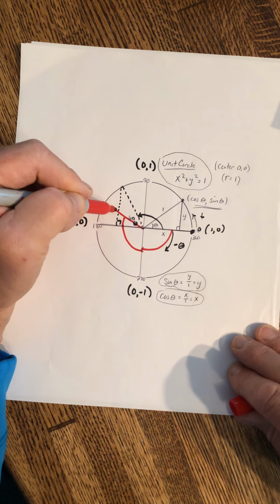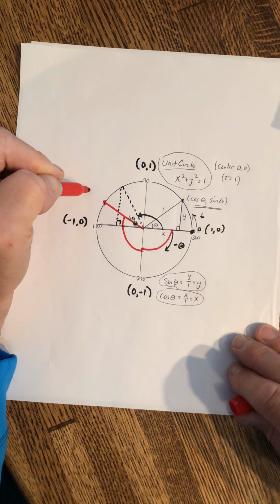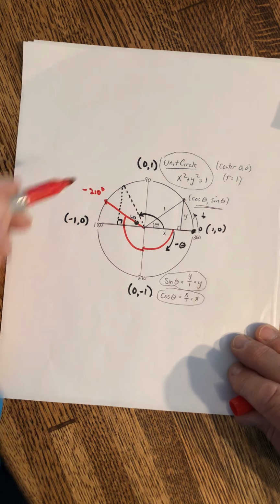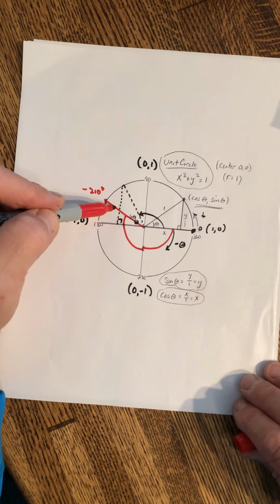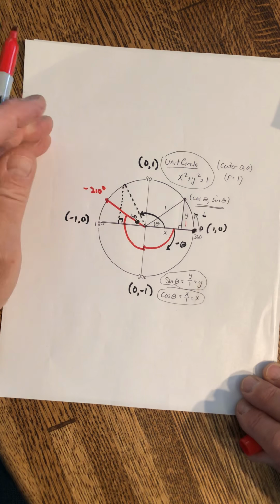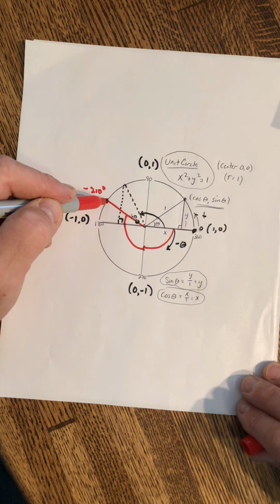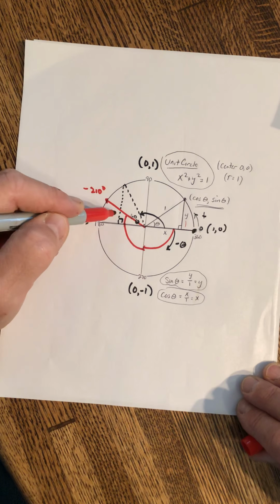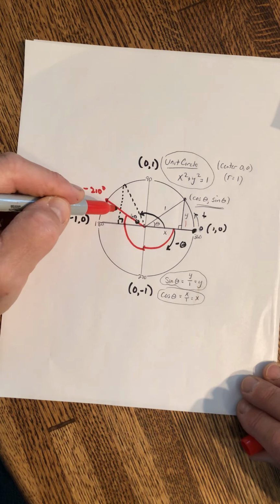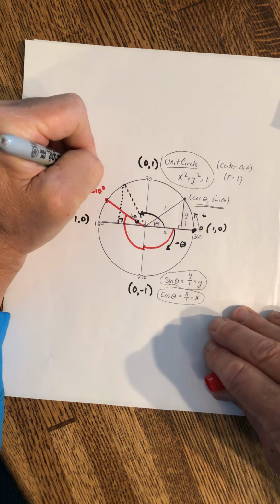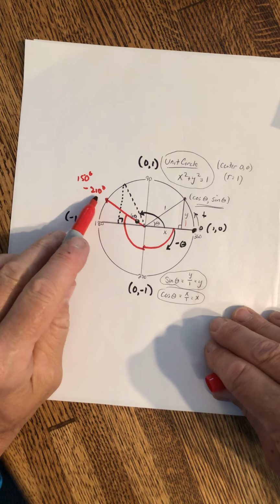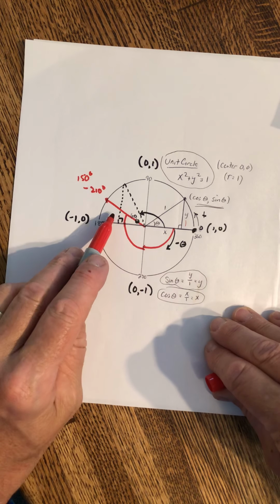So -210 would be about there. What's the positive angle that would have the same terminal position as -210? Well, +150, 30 degrees short of 180. So +150 degrees would have the same terminal position as -210 degrees.